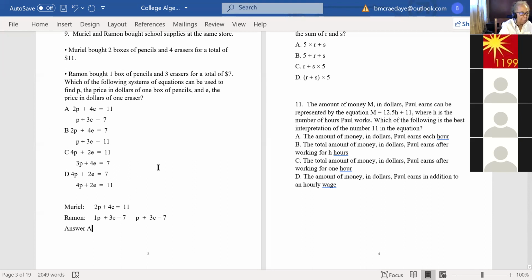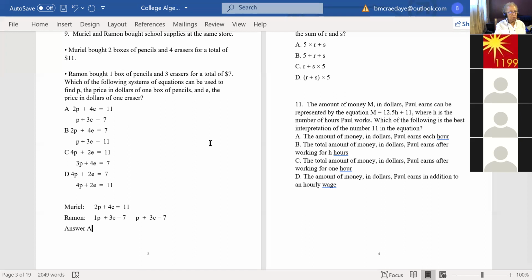I apologize if that confused you a bit, but the p's were the same, because it said p, the price in dollars of one box of pencils, E, the price in dollars of one eraser. So the number of pencils times the cost of a pencil plus the number of erasers times the cost of an eraser will equal the total dollar price in all cases, whether it's Muriel or Raymond.